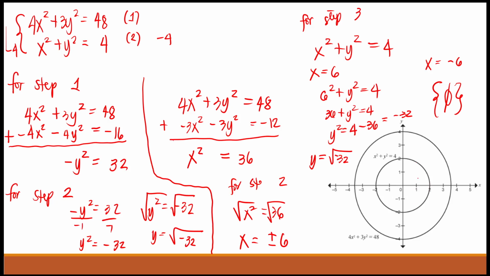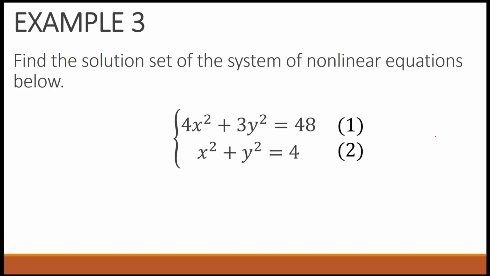Ibig sabihin, walang solution kasi nga walang intersection. Eh yung solution, dapat yung magiging intersection ng graphs. Pero dahil wala tayong nakitang intersection, that only supports our conclusion na wala talagang real solution dito sa example number 3.